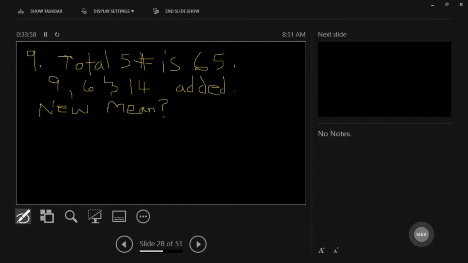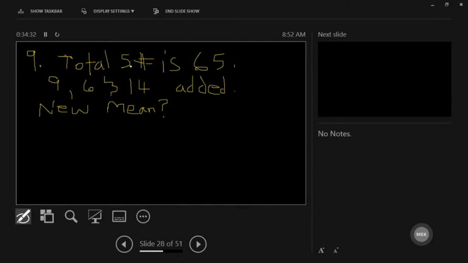So John says he added the 9, 6, and 14 to the 65. So he added the 29 to the 65 and he got 94. And then he divided that 94 by 8. All right, so Najaro is doing the same thing. So Najaro added the 29 to 65 and got 94.